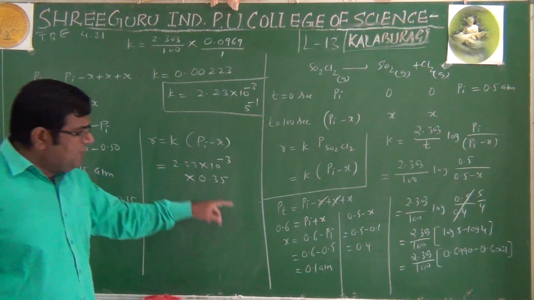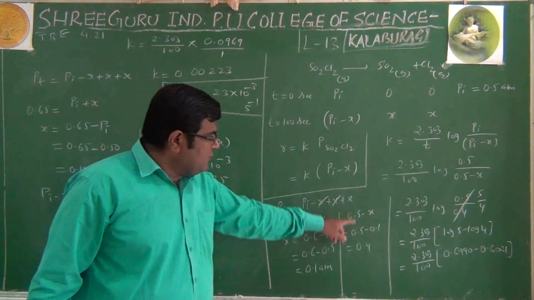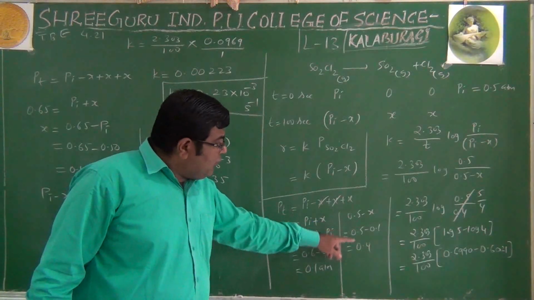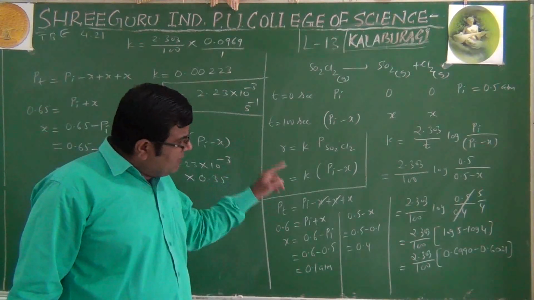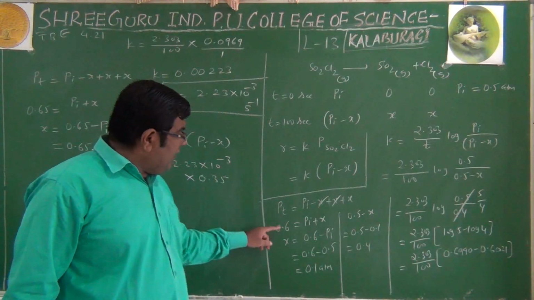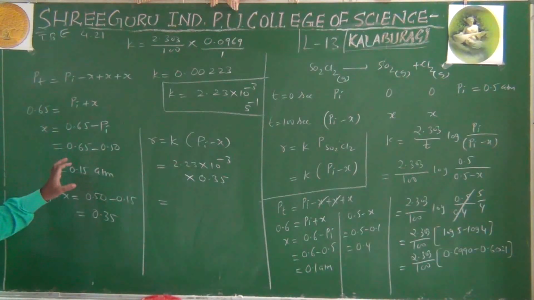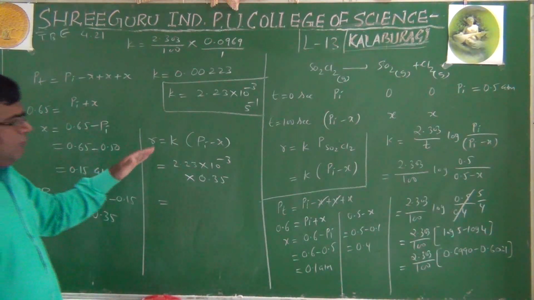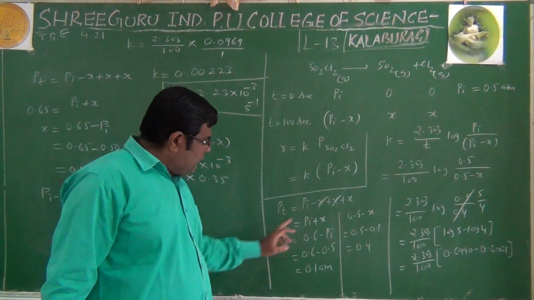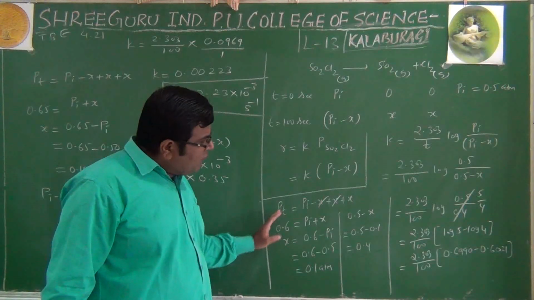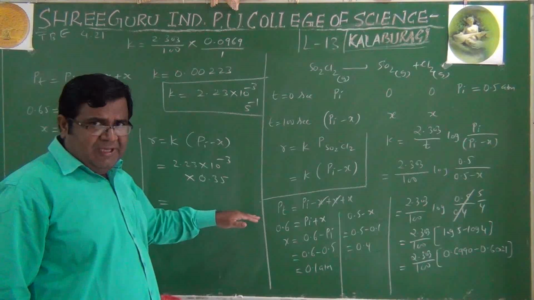We should not use this Pi minus x which we have obtained here, 0.4, because this 0.4 is when total pressure is 0.6. They said calculate the rate when total pressure is 0.65, so I have written 0.65 according to the question. So we have one Pi minus x when the total pressure is 0.6. Using that we have calculated the rate constant, which remains the same for a reaction.